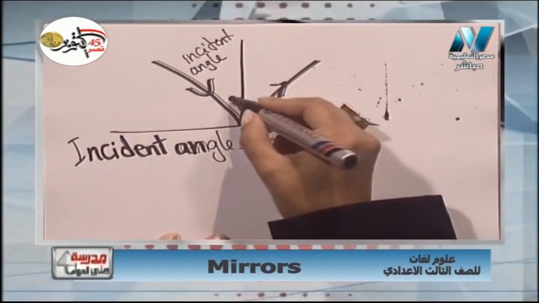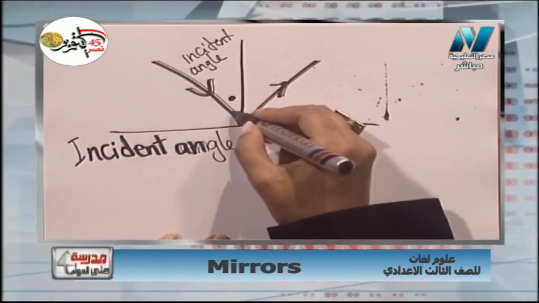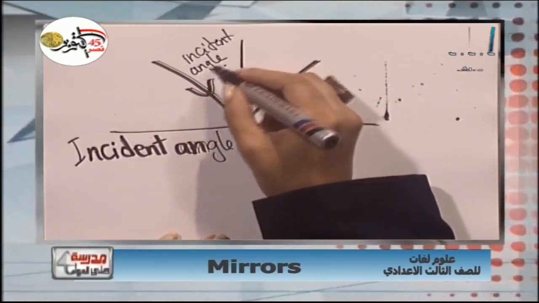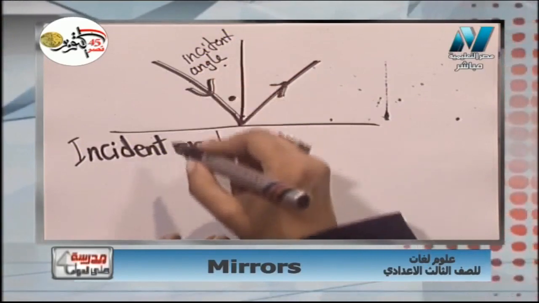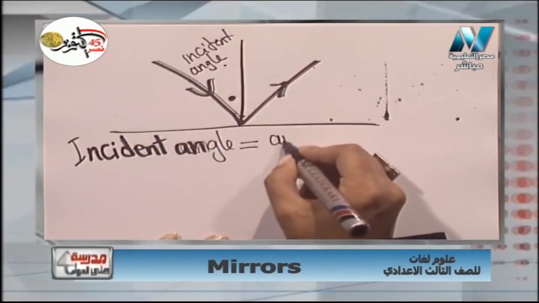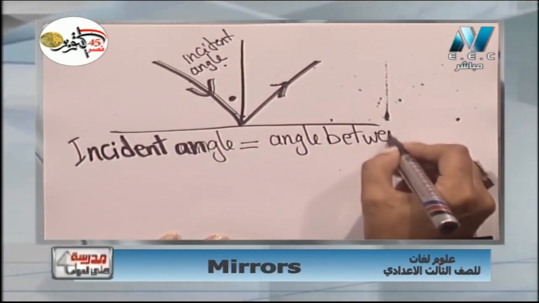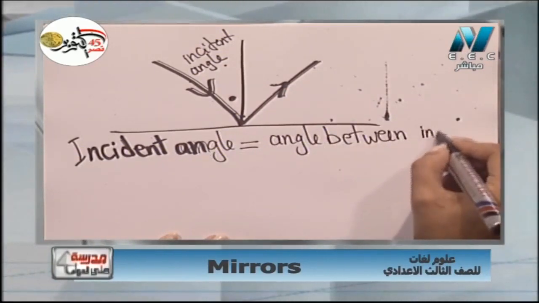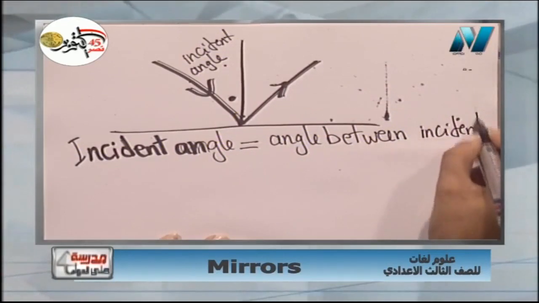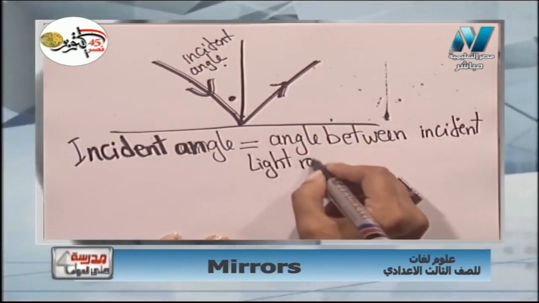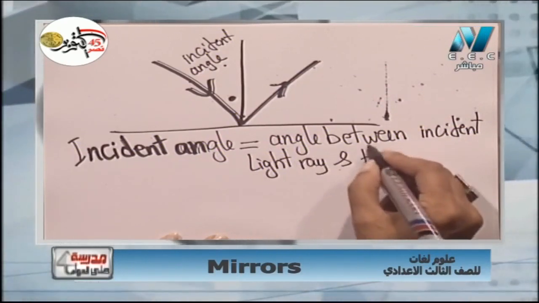It's the angle between this ray, which we call the incident ray, and the normal. So the name of the angle is similar to the name of the ray. So it is the angle between the incident light ray and the normal.